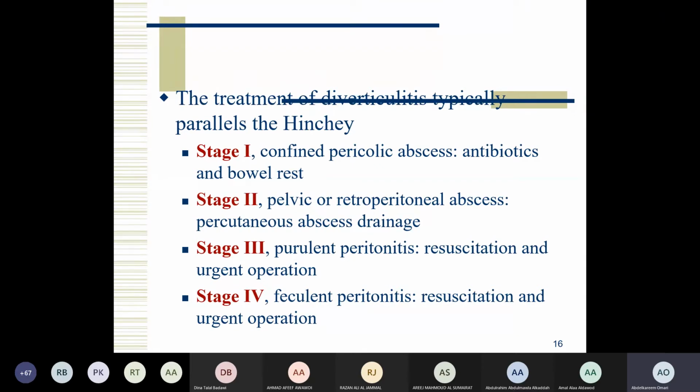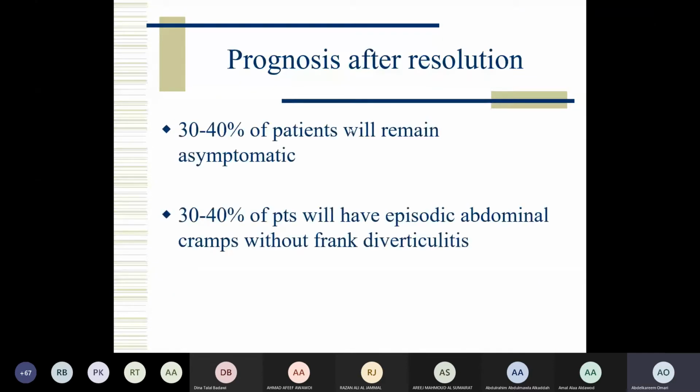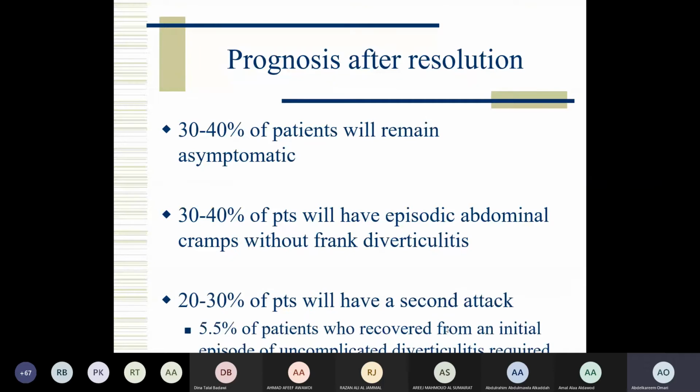So the prognosis after resolution: 30 to 40% of patients will remain asymptomatic, while 20 to 30% will have a second attack, and those who recovered from the initial episode of uncomplicated diverticulitis will come again with diverticulitis, and surgery will be done for them. And this is an important issue.